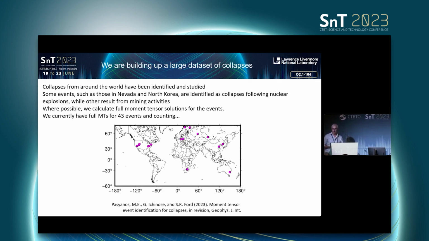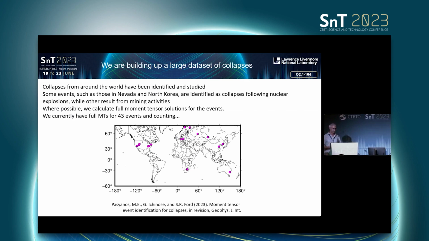We've been marching around, and when we can identify collapses, we've been analyzing them as much as possible. Right now we're at 43 events for which we've identified collapses and are able to do a full moment tensor solution. I'll be talking about the moment tensor solutions in a second.